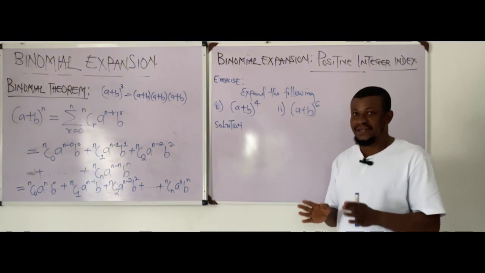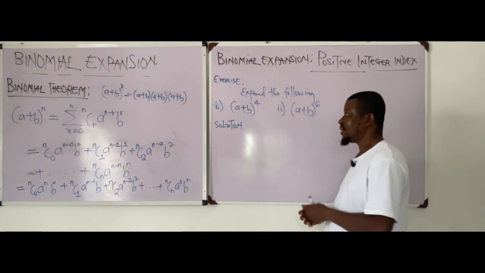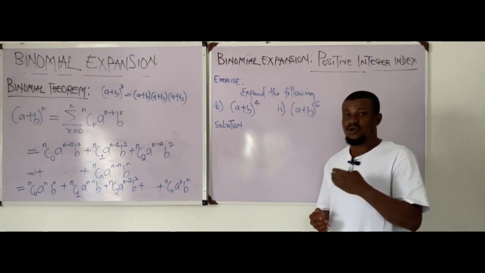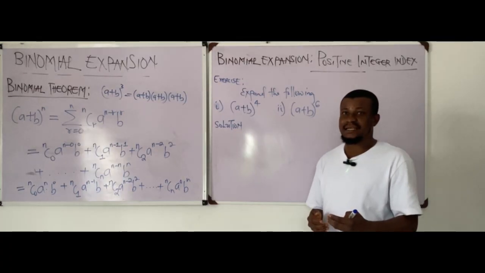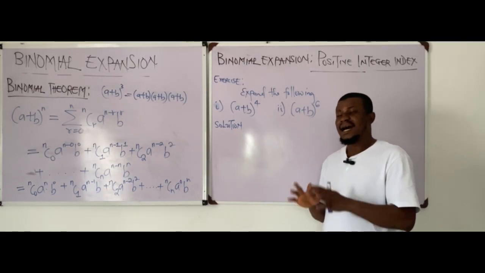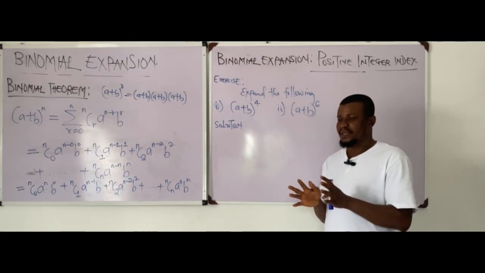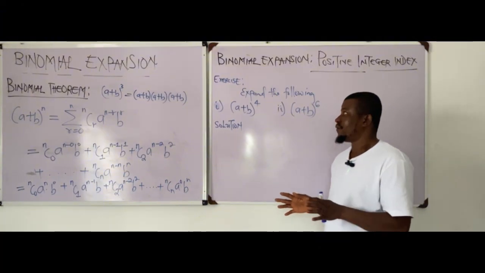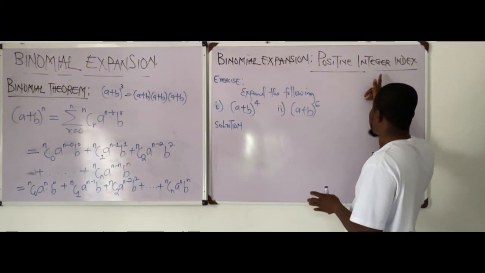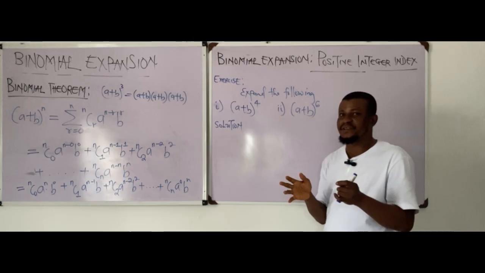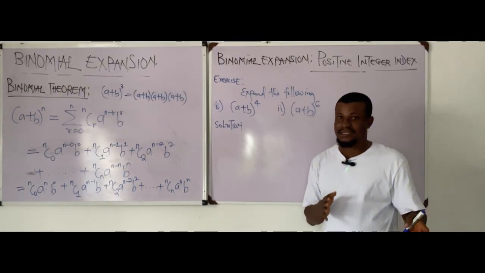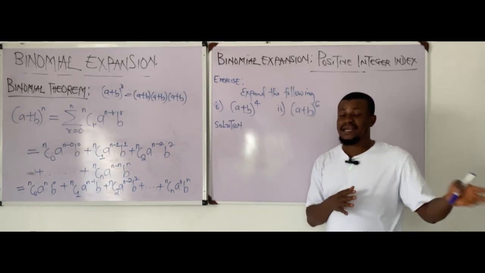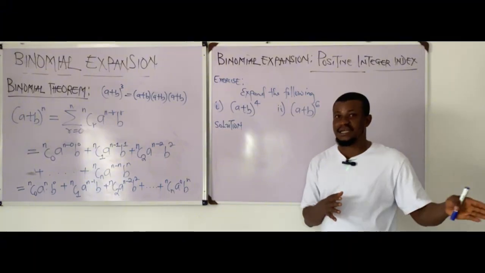These are the 3 different types of index we'll be considering. Either a positive integer index, a negative integer index, or a fractional index. And the approaches are a bit different. The approach on positive integer index is a bit different from the negative and fractional index.